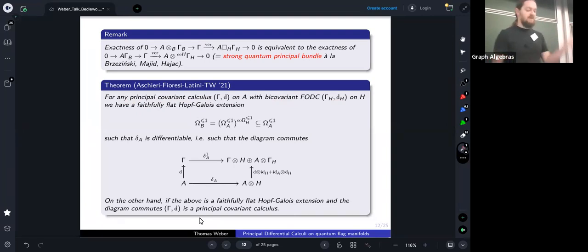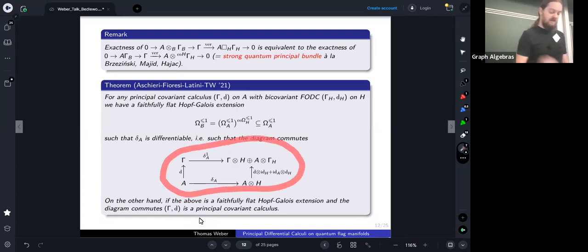So we have just 0 and 1. So here we get a graded Hopf-Galois extension. And even more, you get that the coaction on A is a differentiable map, which just means that you have commutativity of this diagram here.